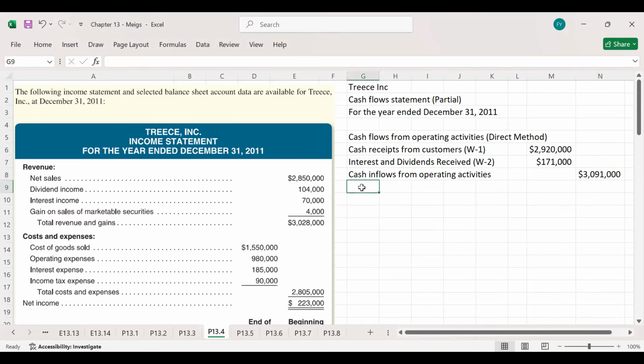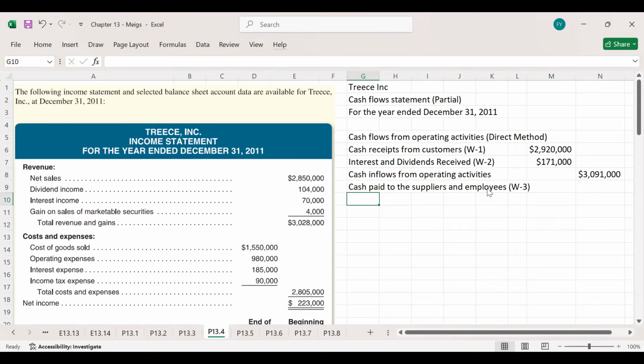Then we have cash paid, in which we have interest paid in requirement number. Okay. Then we have cash paid to the suppliers and employees, which we have calculated in working 3.